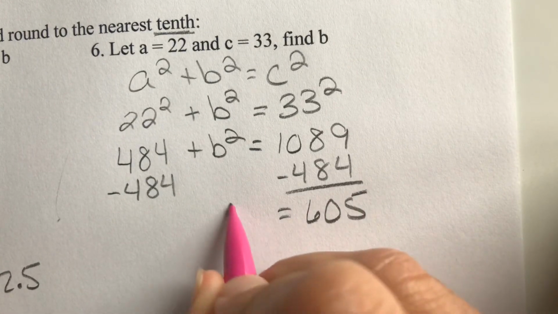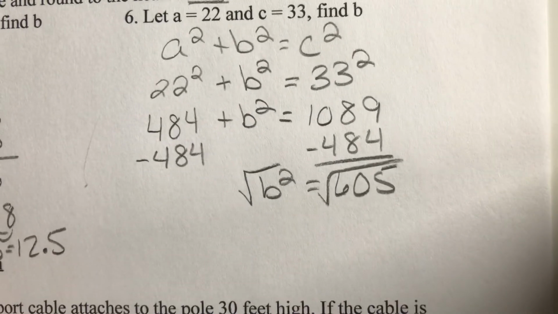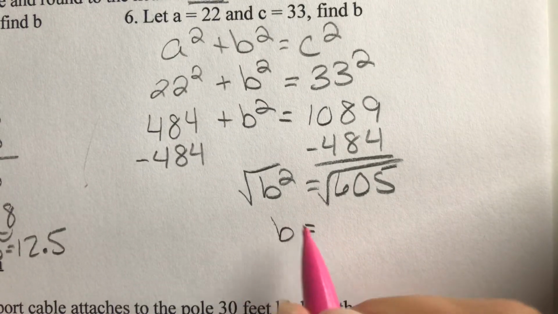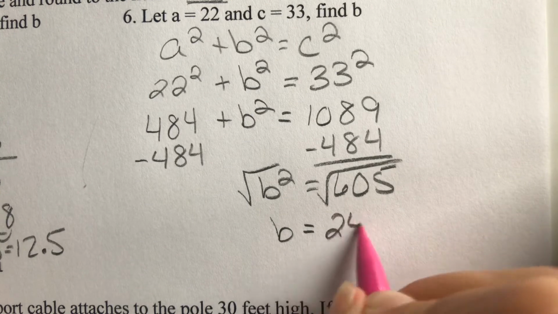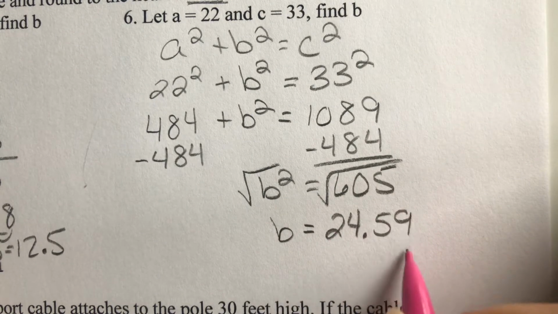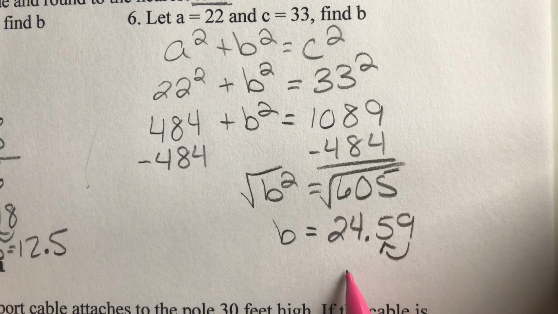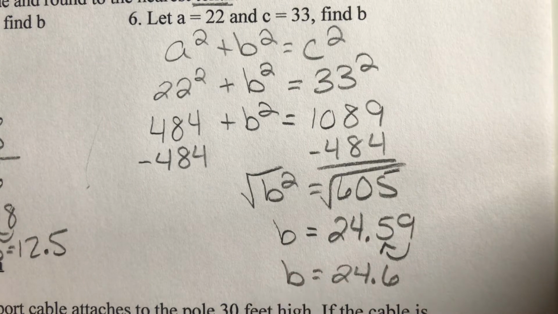We get 605. Last step is to find that square root. I've got 24.599, which will tell me to bump that up to 24.6.